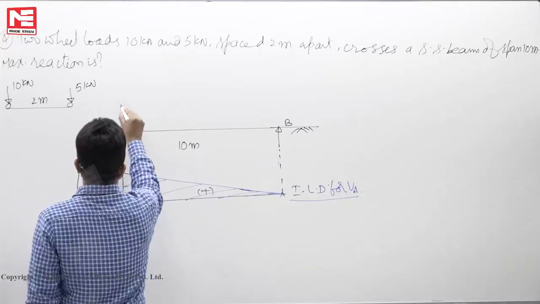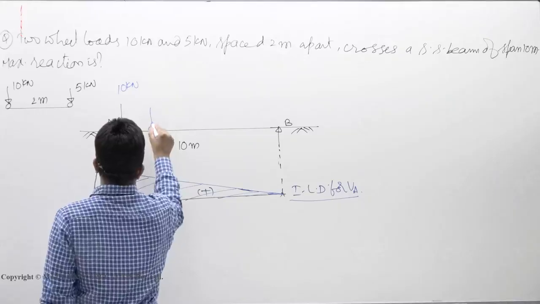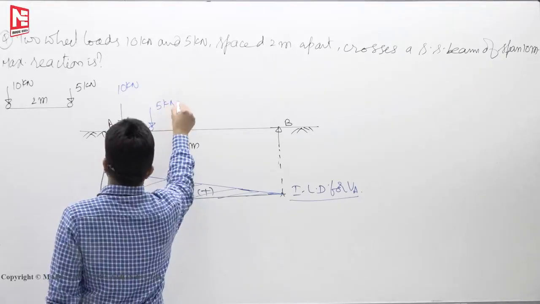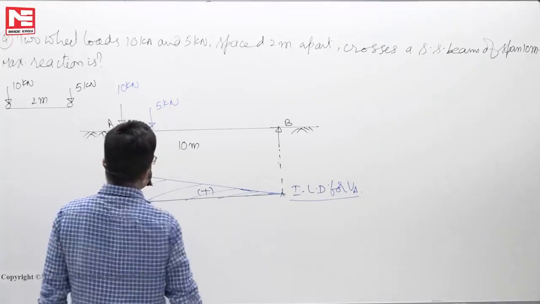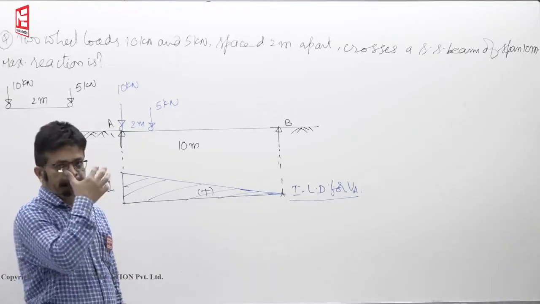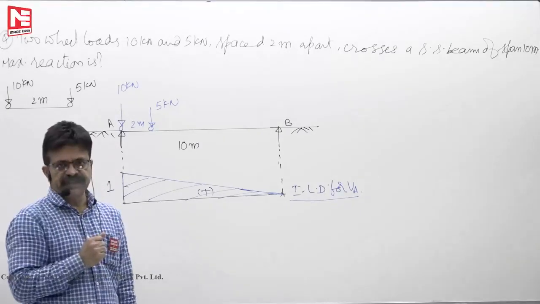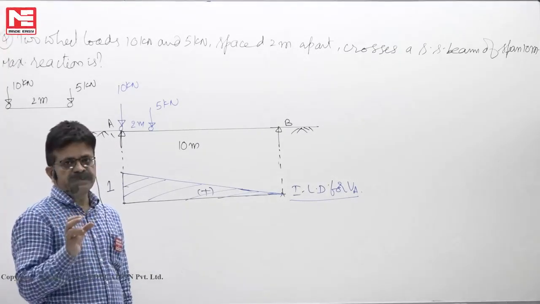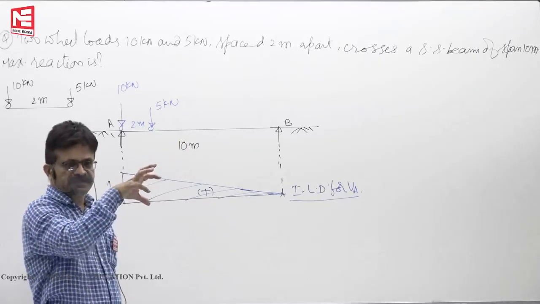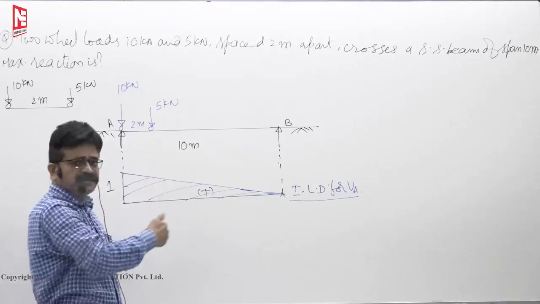So we will keep 10 kilonewton load here, 5 kilonewton load here, spaced 2 meters, like this. You will get maximum load, maximum reaction. If more than 2 point loads are there, 4 or 5 loads are moving, then textbooks give you a condition: load by the succeeding wheel space divided by total load by total span.